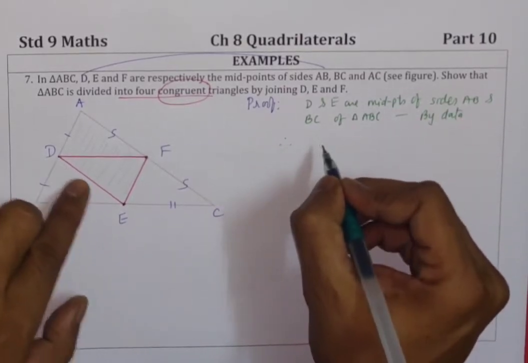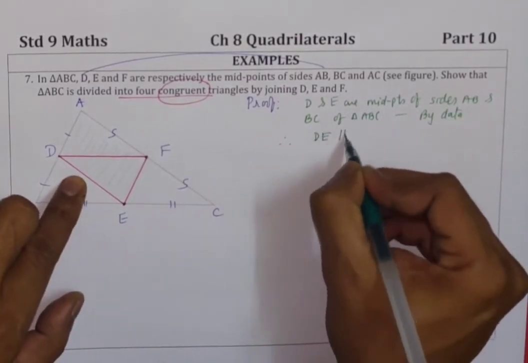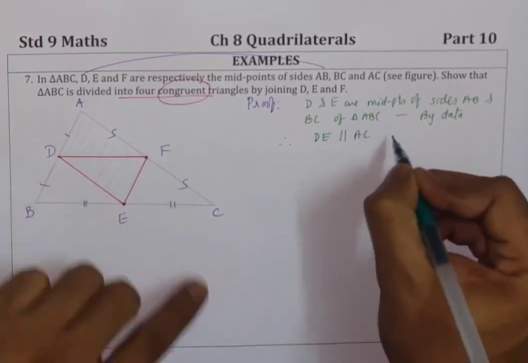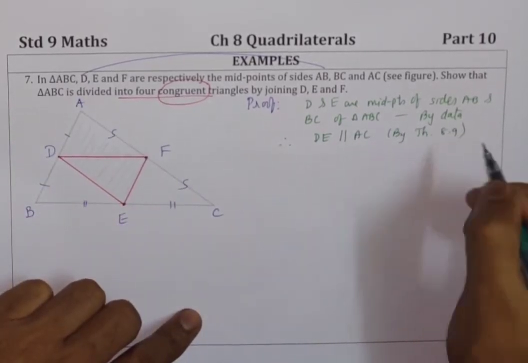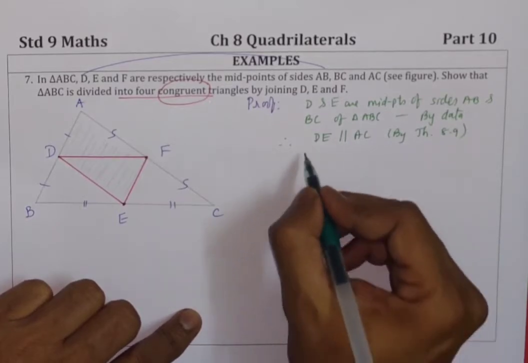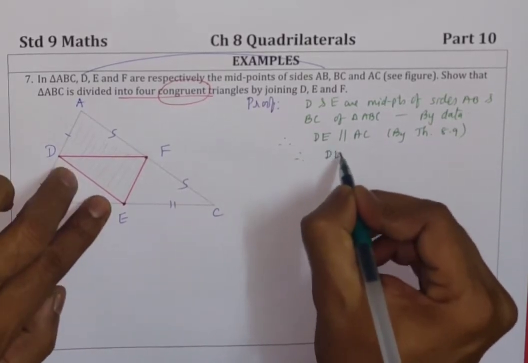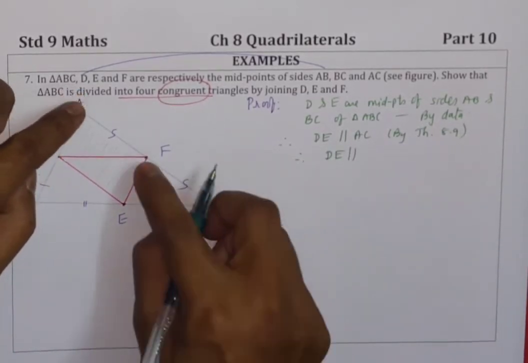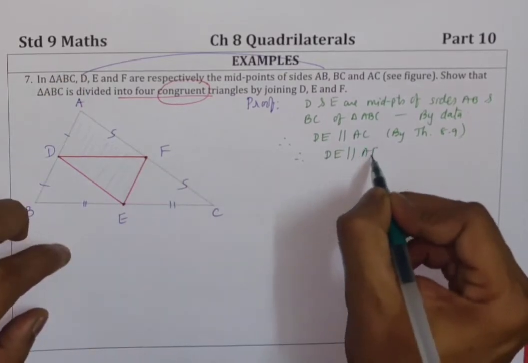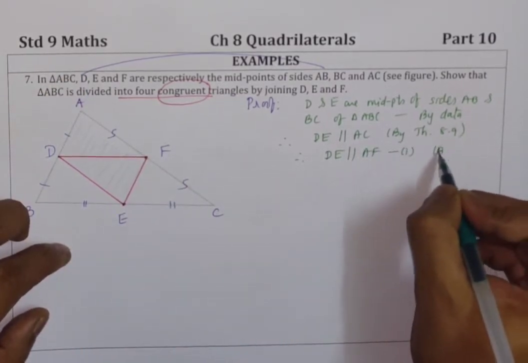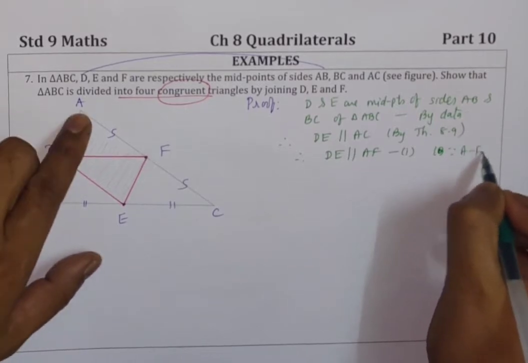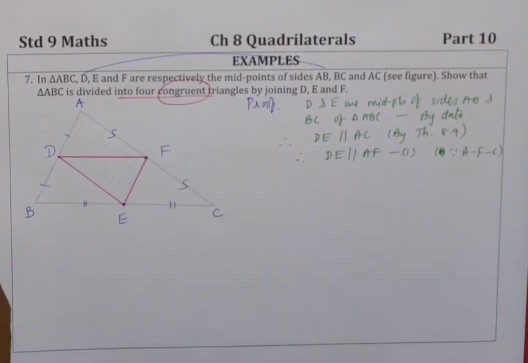Therefore, DE, the line segment joining the midpoints, is parallel to third side AC by theorem 8.9. That is the midpoint theorem. Therefore, DE is parallel to, instead of AC, I call it AF, because A dash F dash C. Result 1.